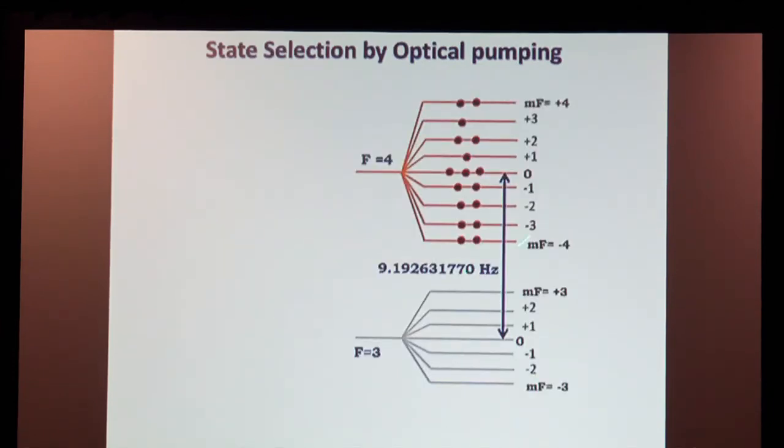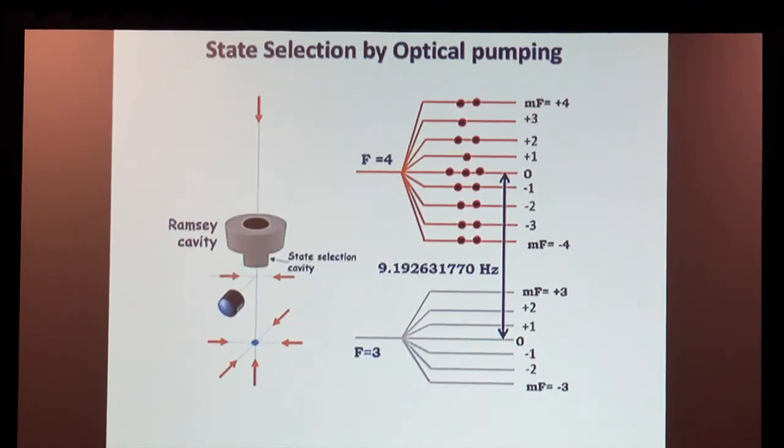So if I may elaborate on that, my F equal to 4 atoms are actually evenly spread among all these Zeeman sublevels, but I'm just interested in the state 4, 0. And for that, we do a little extra trick. Instead of the regular cavity, we in addition have a state selection cavity just below the Ramsey cavity.